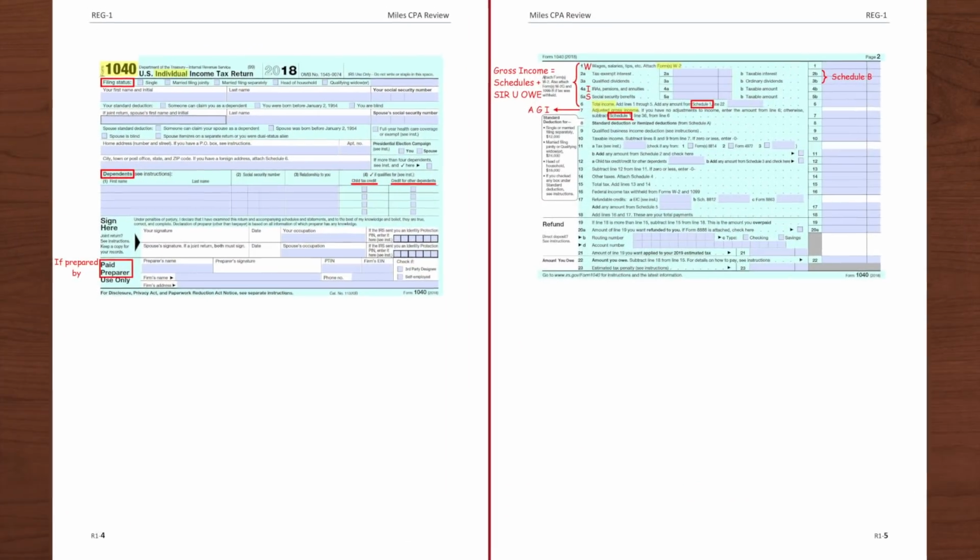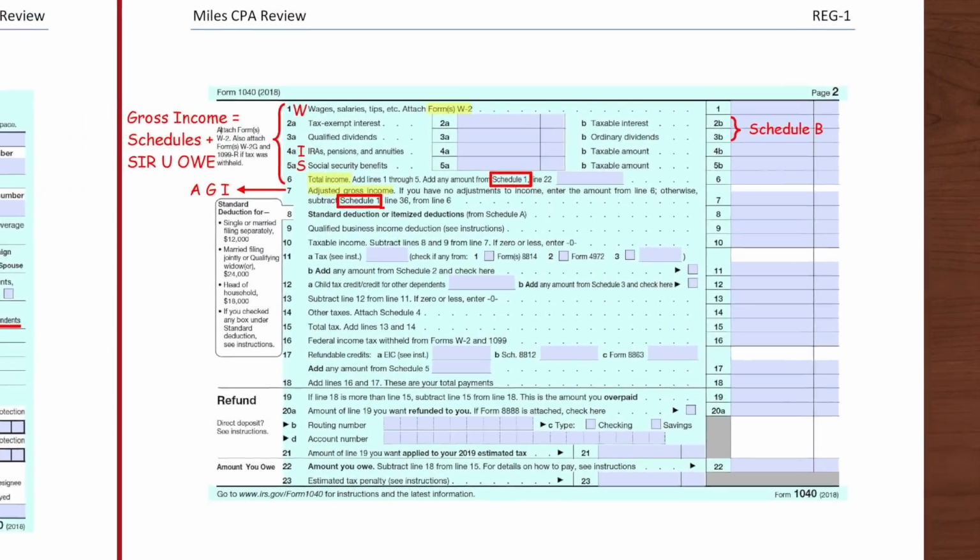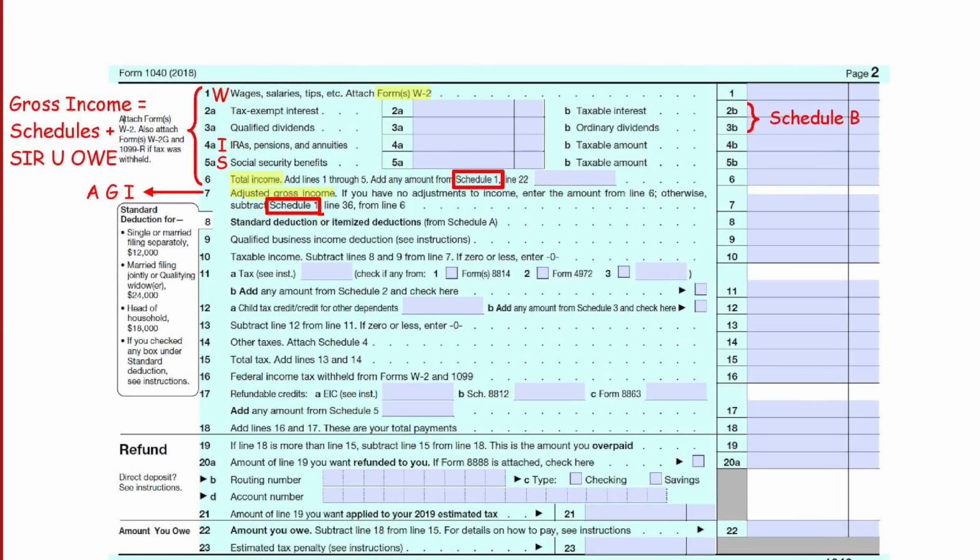Back on page 5, where we've got the second page of Form 1040, look at line number 8. Highlight standard deduction. Circle or and highlight itemized deductions. So the taxpayers have an option of either taking a fixed dollar standard deduction or doing itemized deductions. For standard deduction, look at the bubble which grows out on the left.